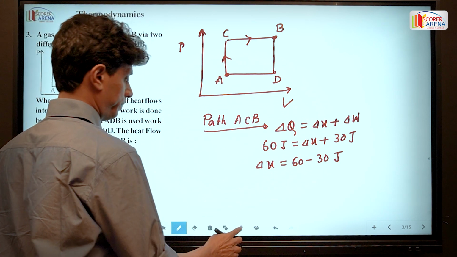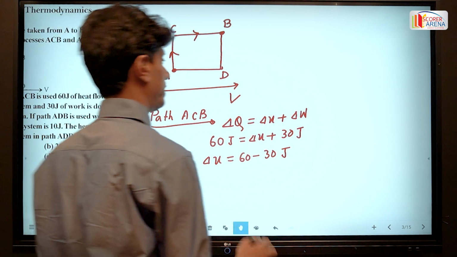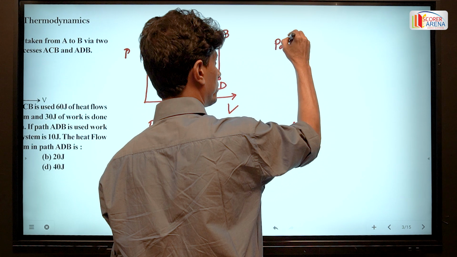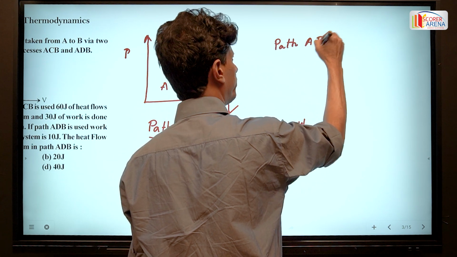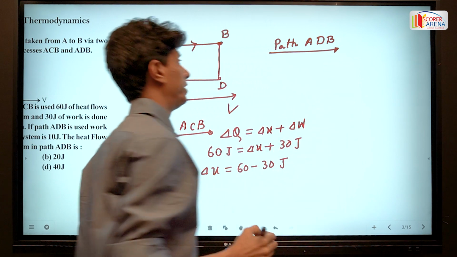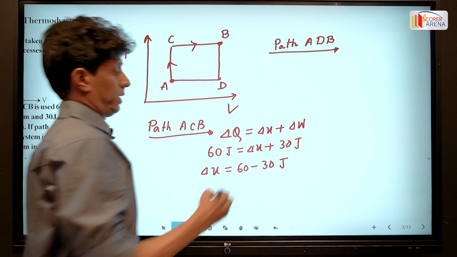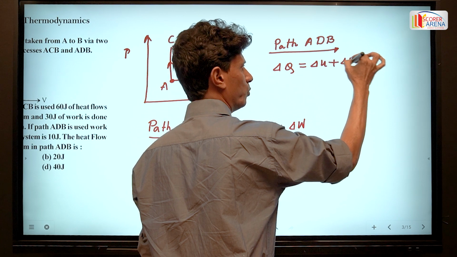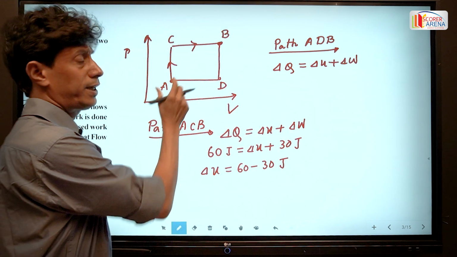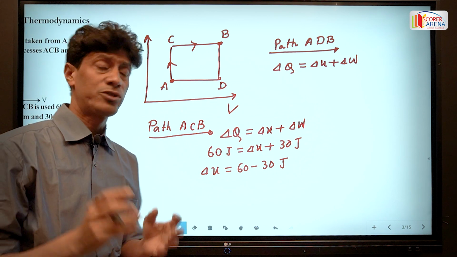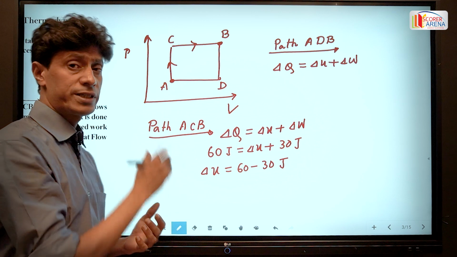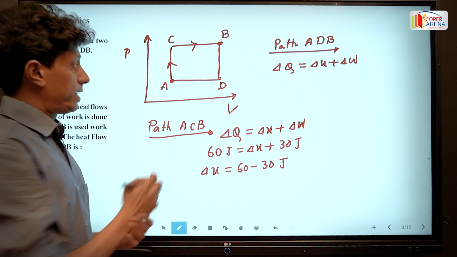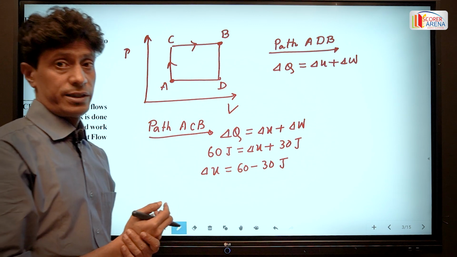And in the second case, path ADB, heat supplied del Q is equal to del U plus del W. And you know, internal energy is a state function, so it depends only on the two states A and B. Here A is the initial state and B is the final state.